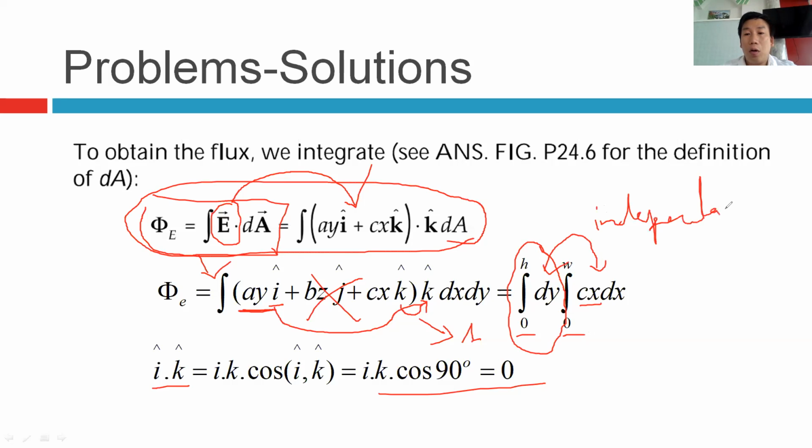Because they are independent, we can separate the integrals and calculate them. This integral is very easy, and this one is also very easy. So that's the whole solution. It's easy, right?